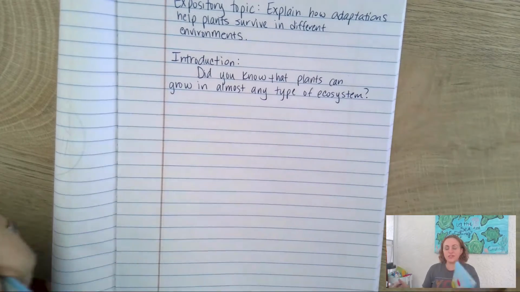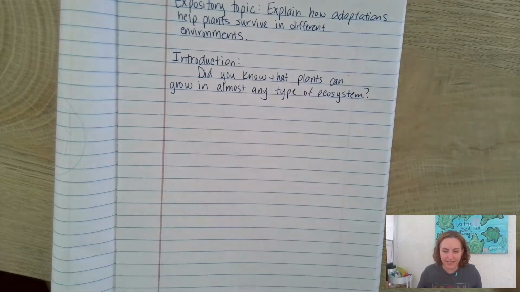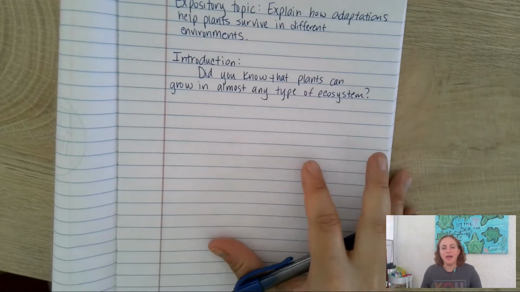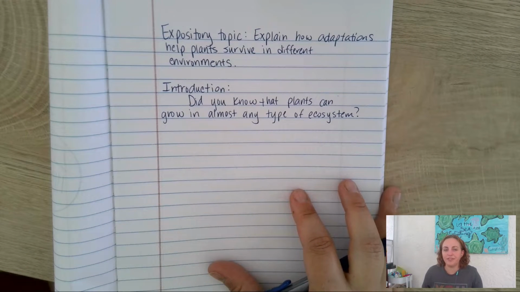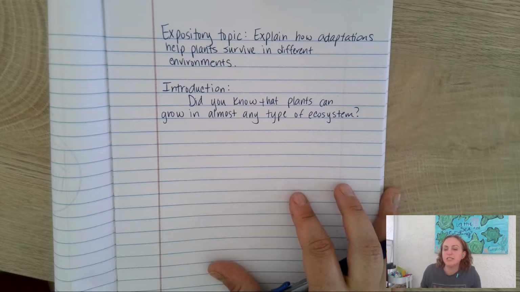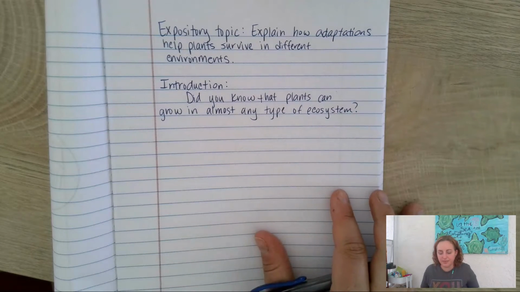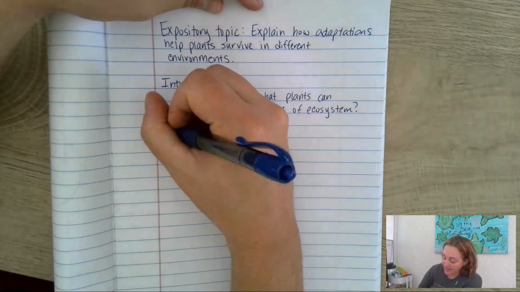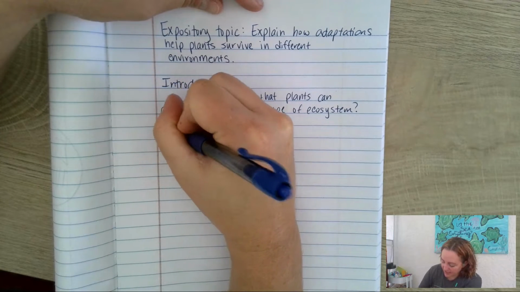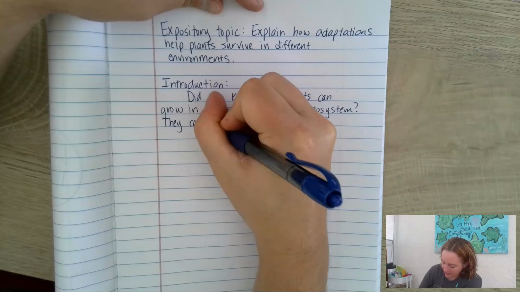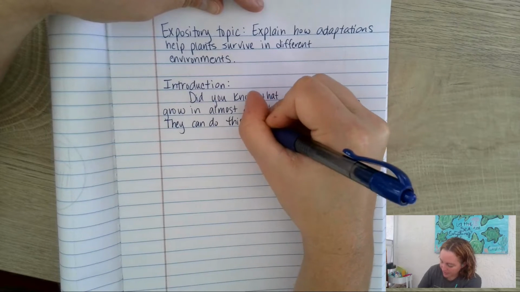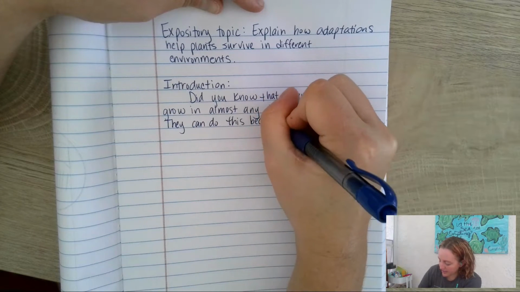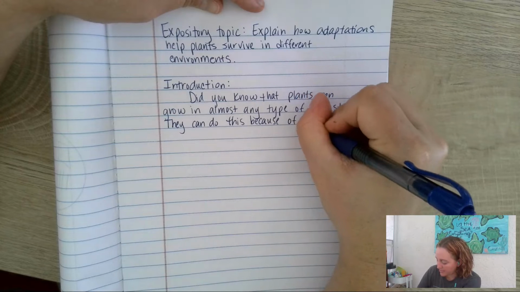All right, so this is asking a question that is related to my topic, right? I'm talking about adaptations that help plants to survive in different types of environments, which are ecosystems. Those are kind of the same types of words. Okay, so I would say they can do this because of adaptations.